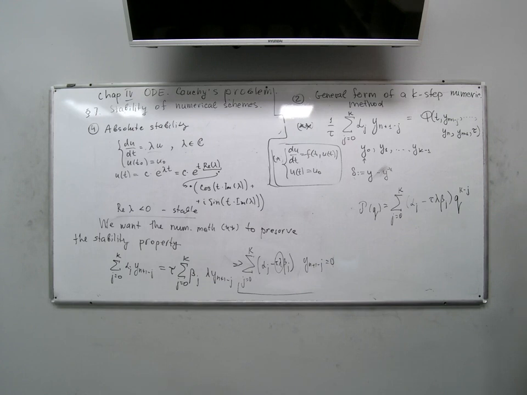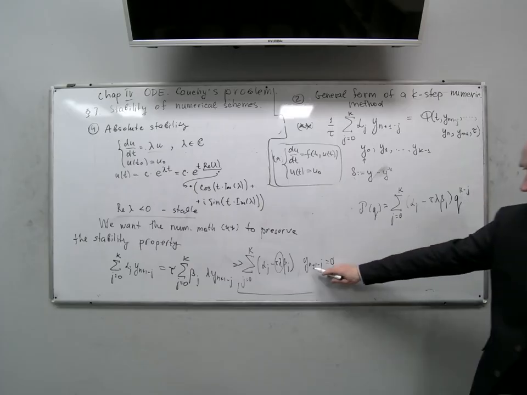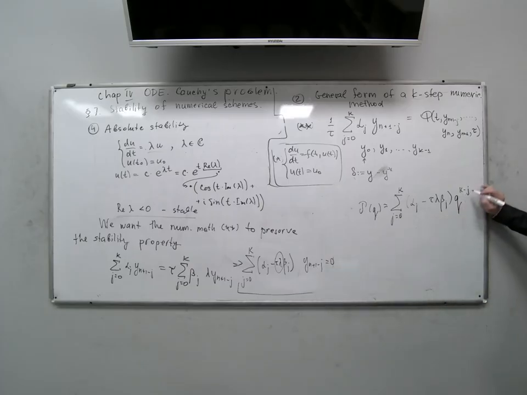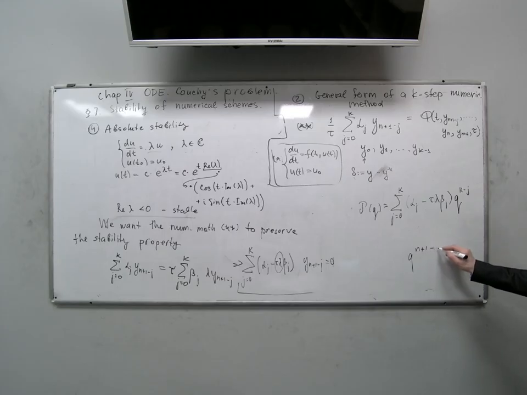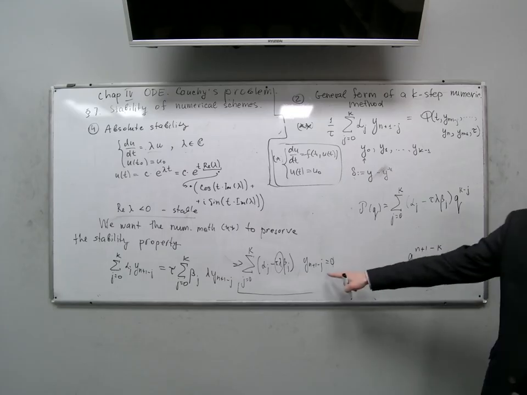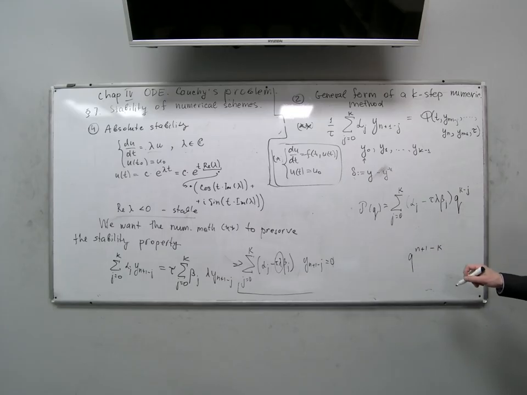But in this case, n plus 1 minus j here, when j equals k, this is going to be the smallest power. Q to the power of n plus 1 minus k is the smallest power in this sequence. And we can put it outside the brackets.